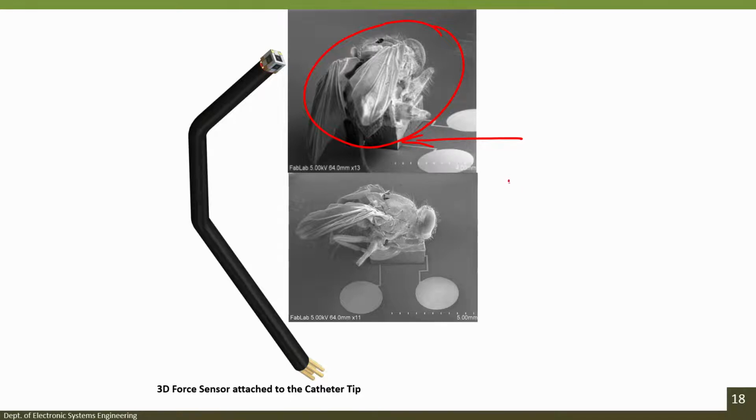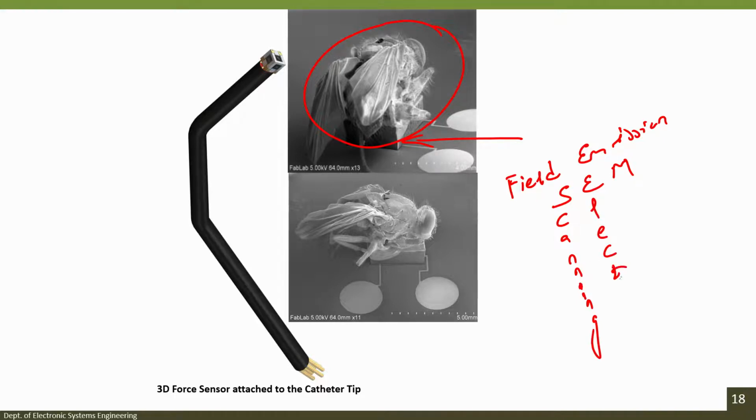FESEM stands for field emission scanning electron microscopy. So, field emission scanning electron microscopy was used to take this particular image.